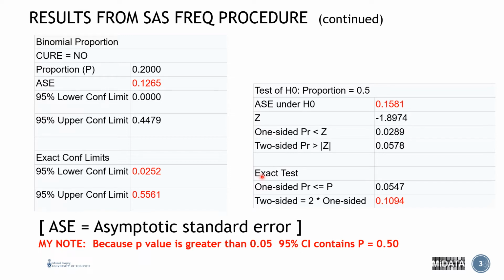But essentially what we need to look at is what would be the probability of, in this case, 2 or less.